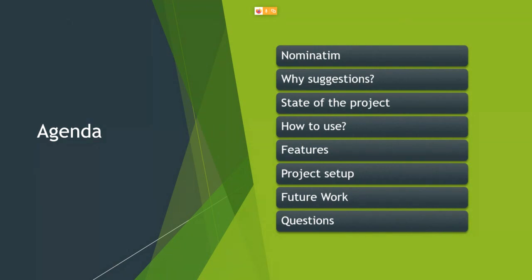After that, I'll talk about the special features that have been added for this project. After that, I'll get a bit into how to set up this project on your Nominatim instance. Then I'll talk about what work is still left to be done to further improve this project. I've put questions over there, but if you have questions at any point of time, please stop me and ask.